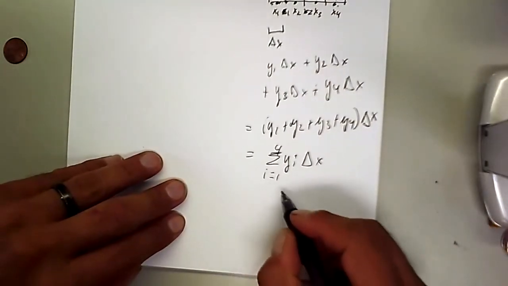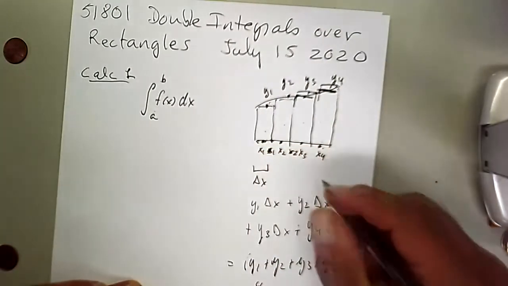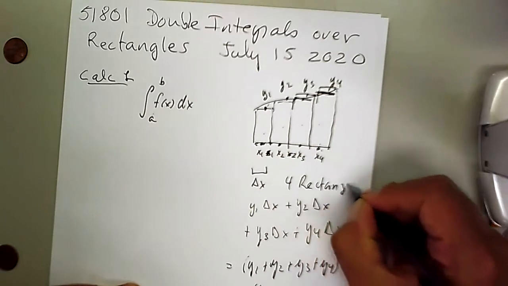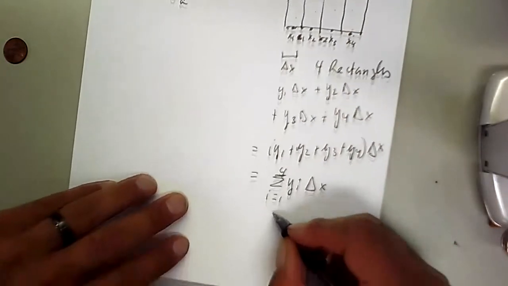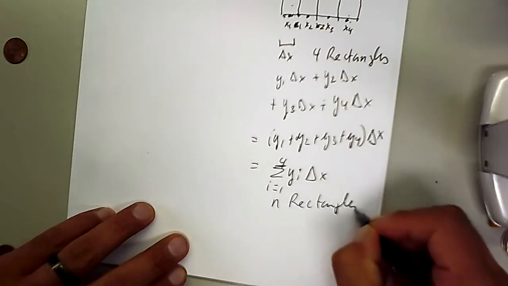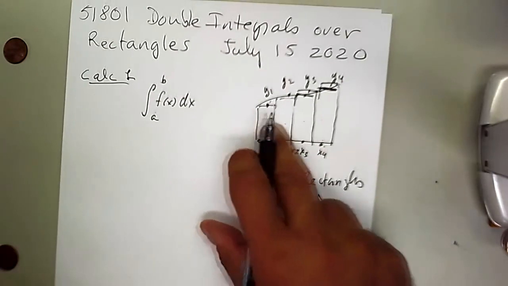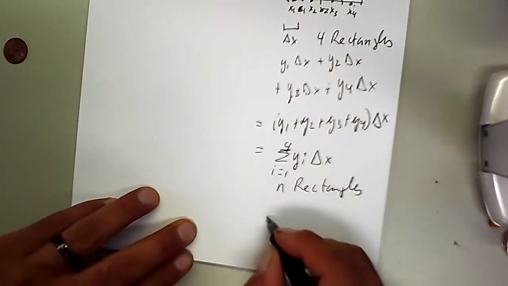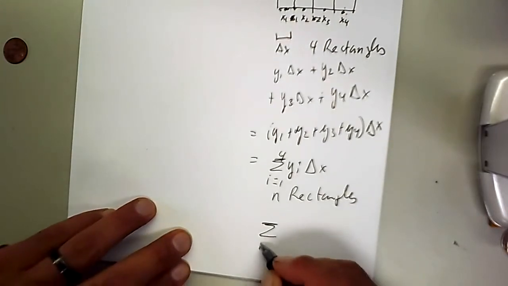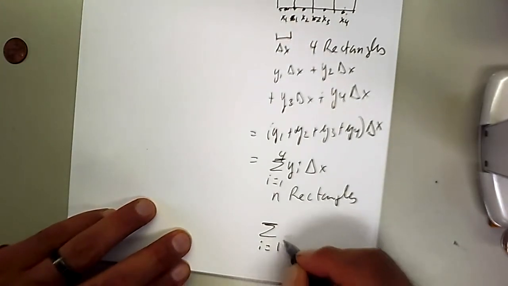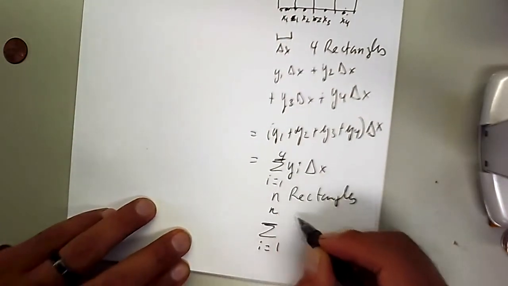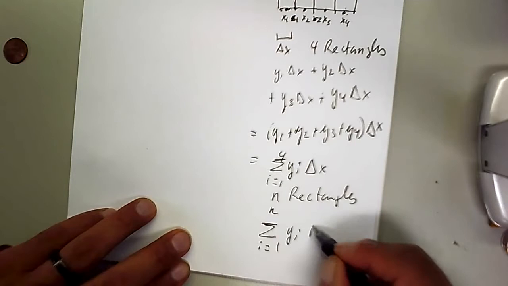If we have n rectangles, so this would be the case with 4 rectangles, if we have a generic n rectangles, then we would have the sum of n of those. The only difference here is that the value 4 changes to n: the sum of yi delta x.